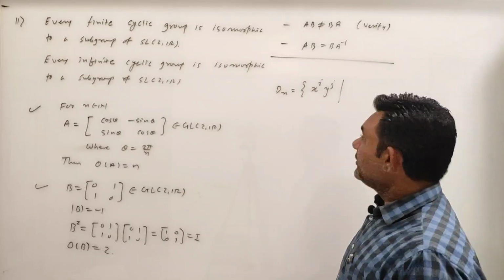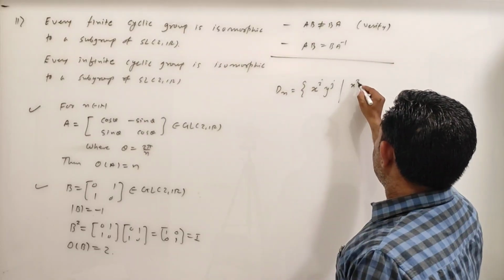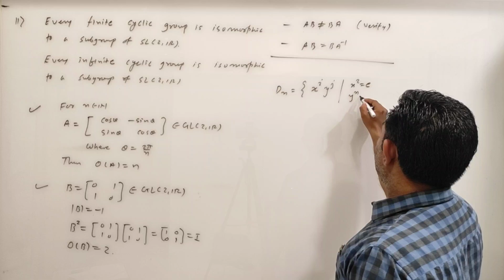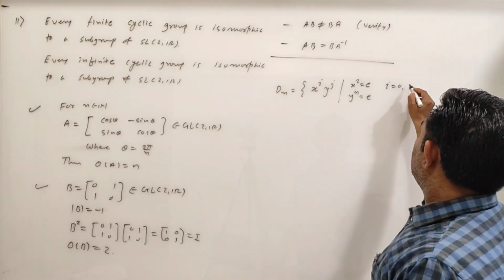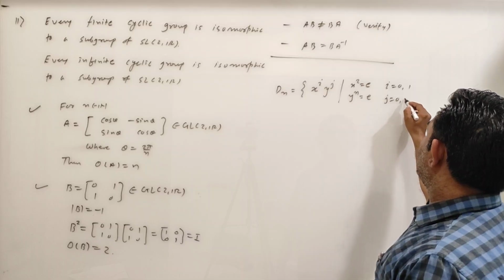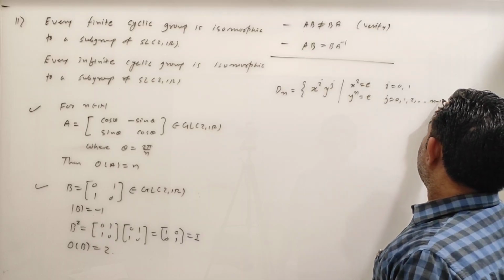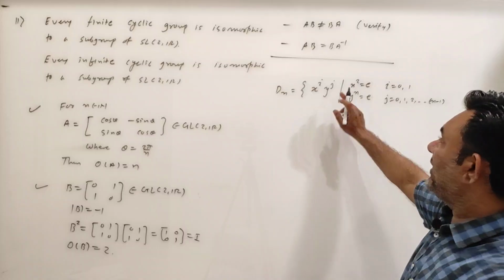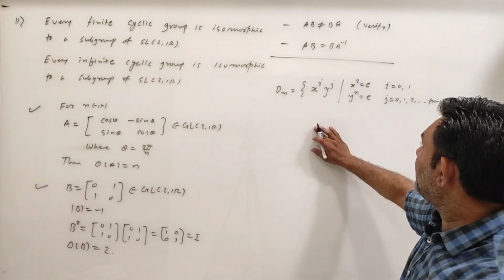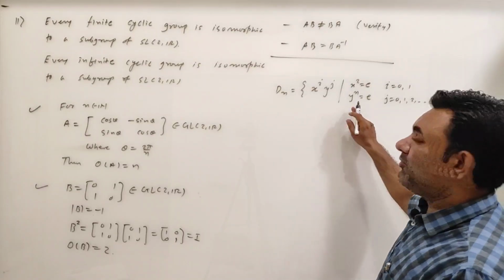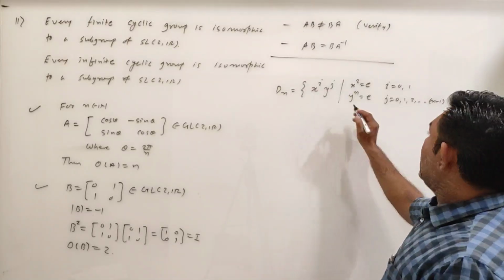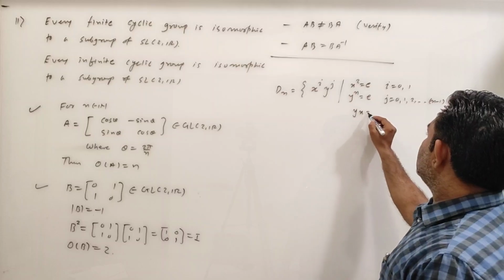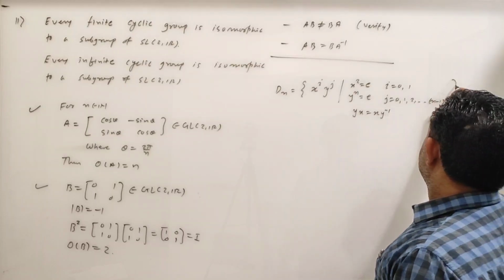Dihedral group. x square is identity, y raised to n is identity. i varies from 0, 1 and j varies from 0, 1, 2 up to n minus 1. That is, order of x is 2 and order of y is n. And the relation between x and y is what? yx is equal to xy inverse.